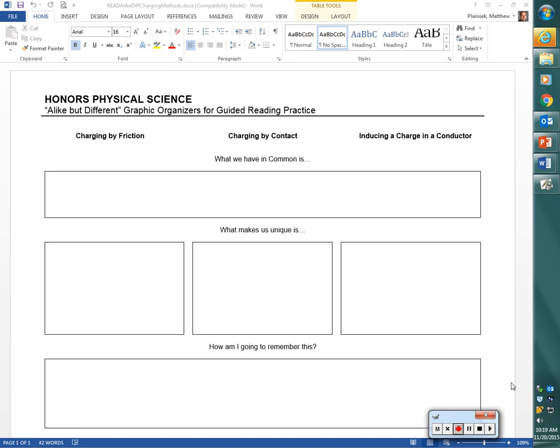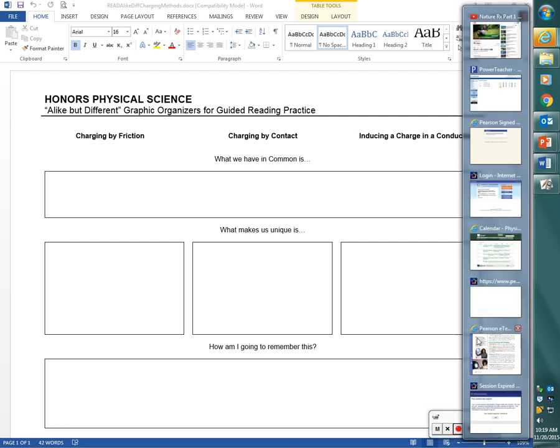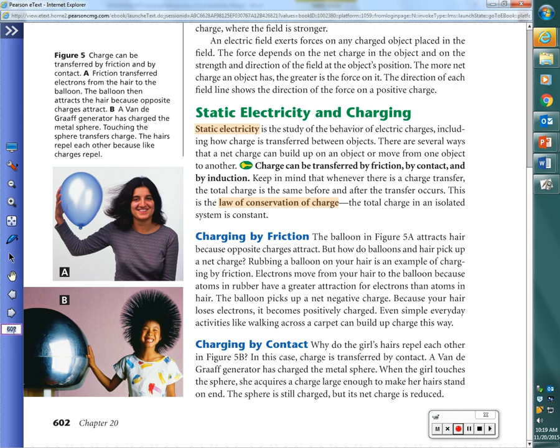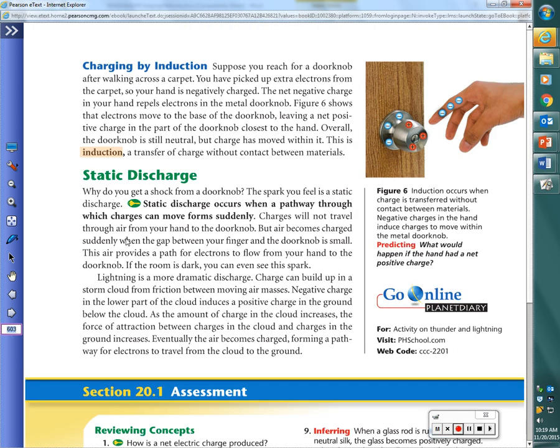induction, or inducing a charge in a conductor, is a little tricky. Let's take a look at the picture at the top of page 603 of this person touching a doorknob. Stephen, go ahead.